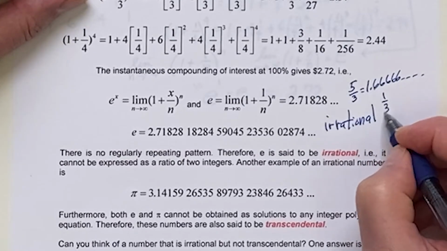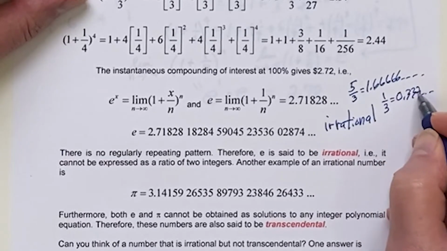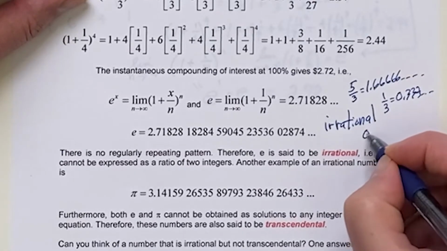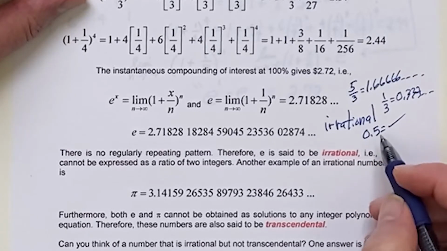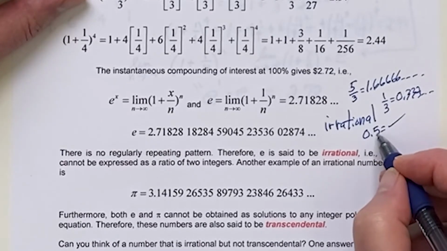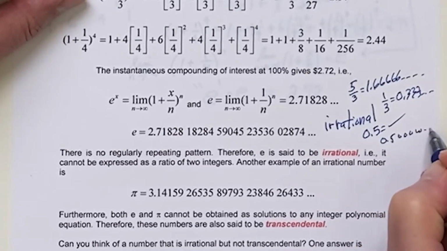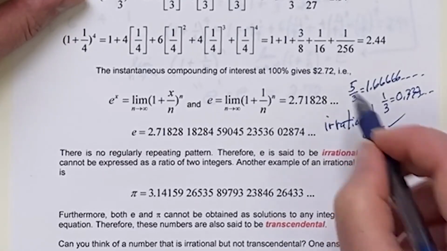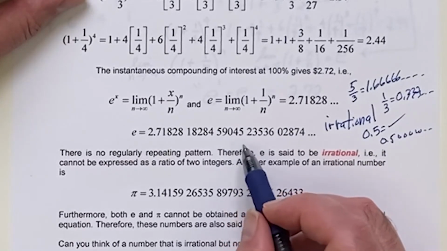Or if you had 1/3, you'd have 0.33333 going on out. And 0.5 would be 0.5000 on out. So these are formed by a ratio. This you can't form by a ratio, so therefore it's called irrational.